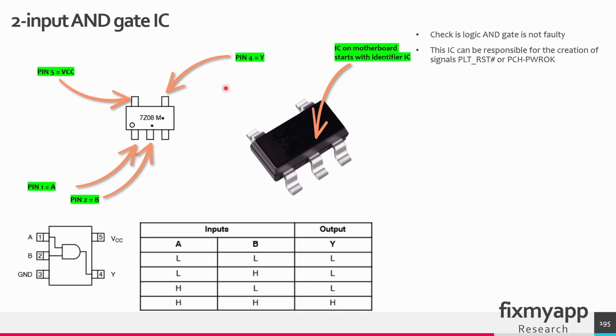When the output signal is not present, then you have to check if this chip is working correctly. You have to check the power supply and also the input signals if they are present. If both are present and high but the output is low, then you can conclude that this chip is faulty.